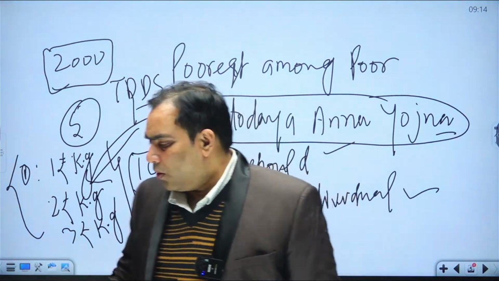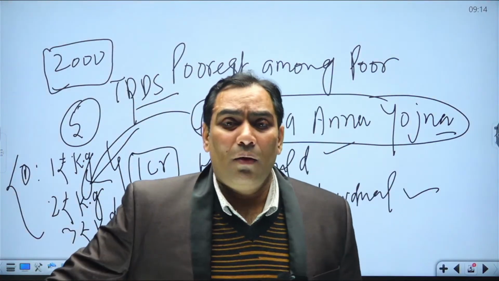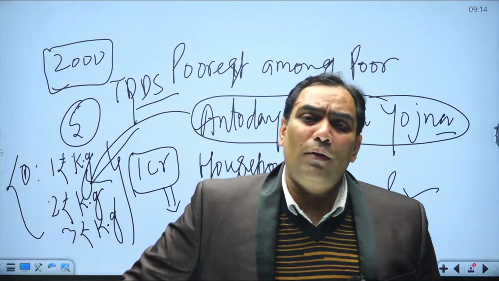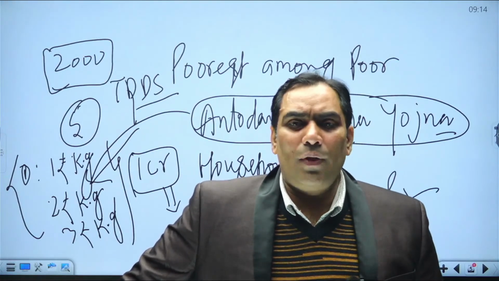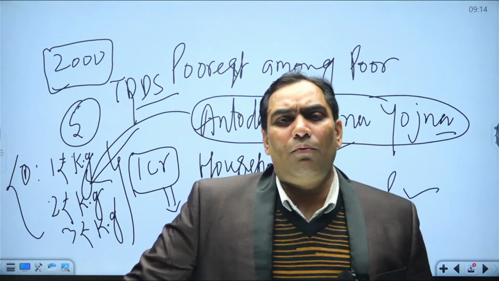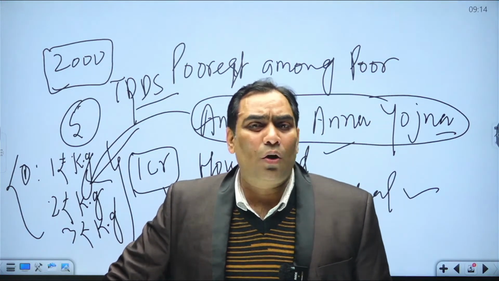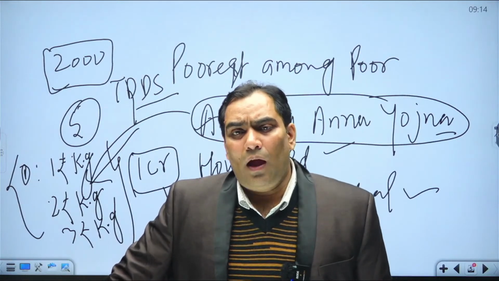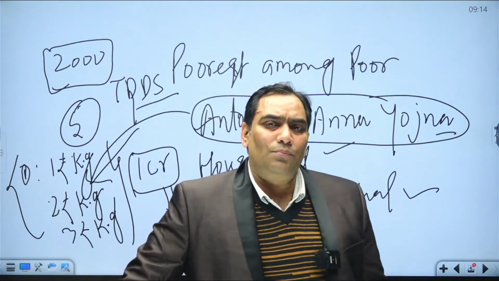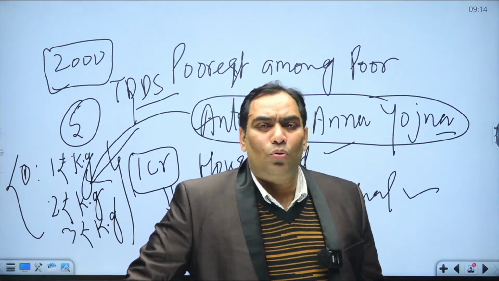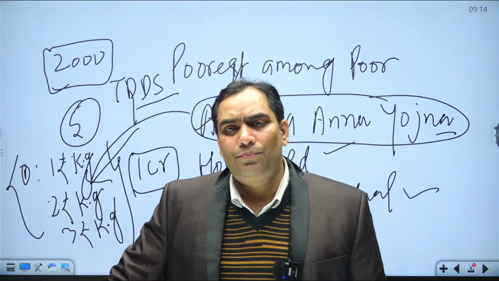So be very clear that the TPDS was universal in nature, but the only difference was that APL families were entitled to get food grains at the economic cost of FCI, BPL families at half of the economic cost of FCI, and Antyodaya Anna Yojana families at 1 rupee per kg for coarse cereals, 2 rupees per kg for wheat, and 3 rupees per kg for rice.